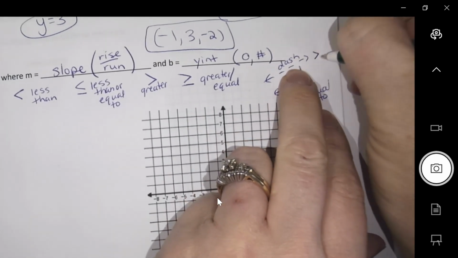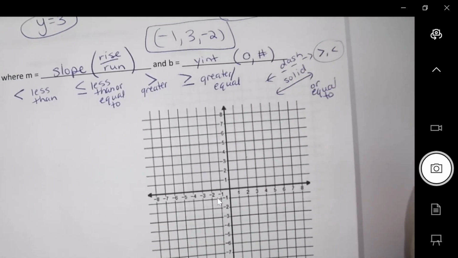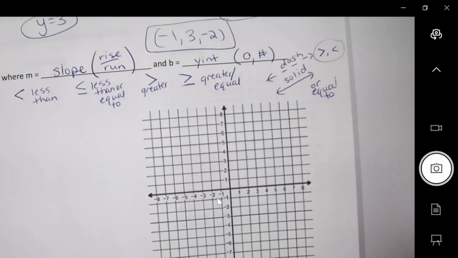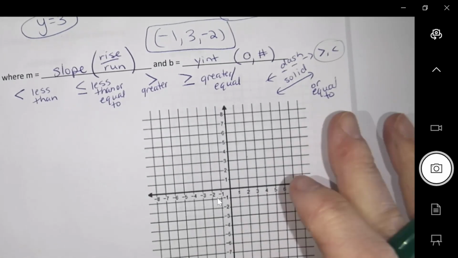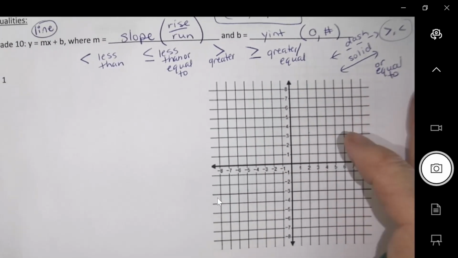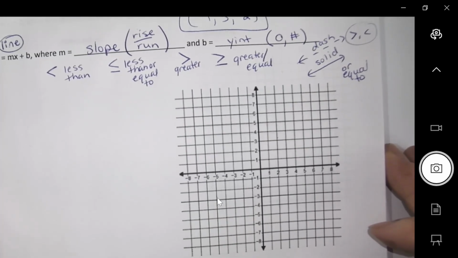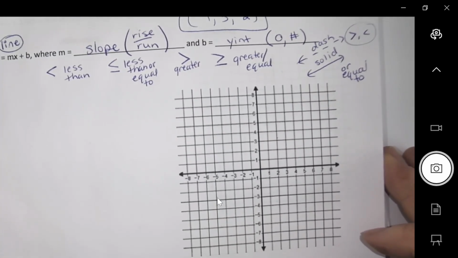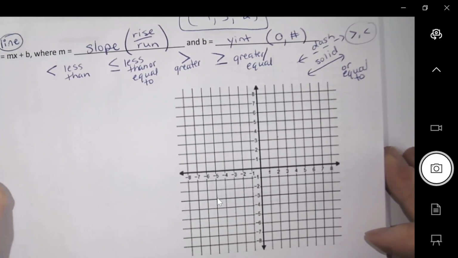So you're either just less than it or greater than it, but not on it.